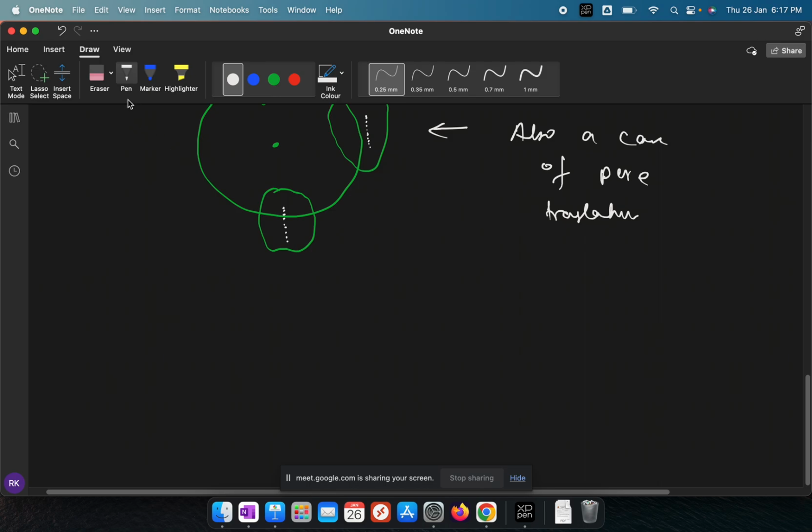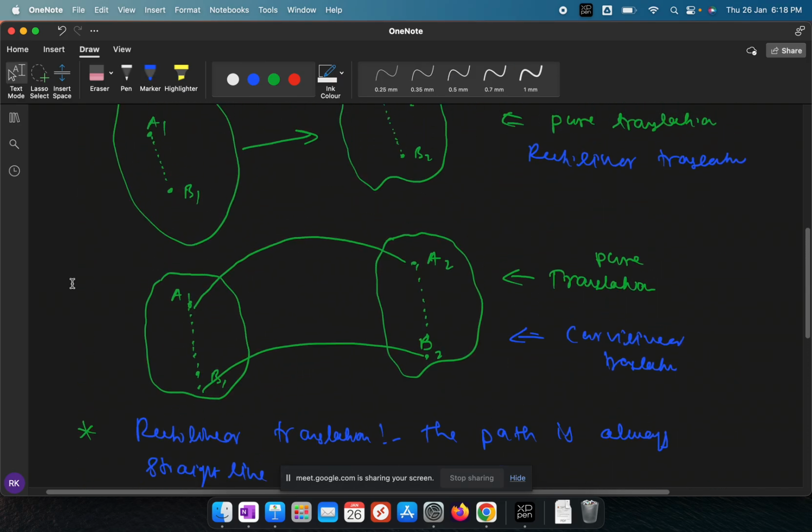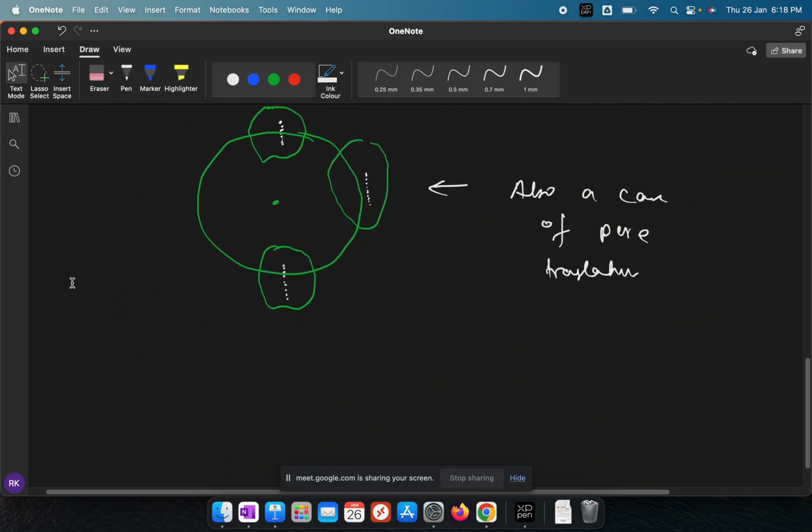Now let's talk about the second type of motion. It's called rotation about a fixed axis.